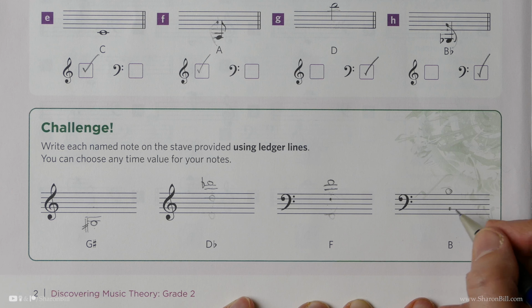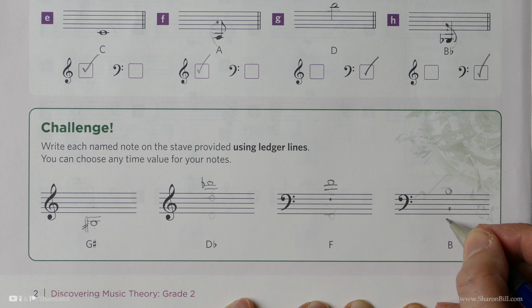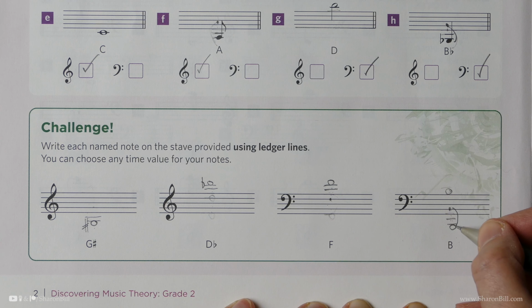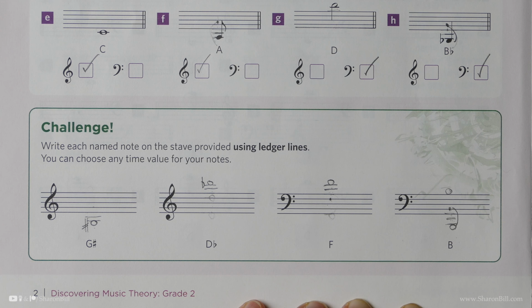There are different ways of approaching it. 1, 2, 3, 4, 5, counting line, space, line, space, line, always counting the given note as 1. So 1, 2, 3, 4, 5, 6, 7, 8 gives us B, an octave lower. That's G, F, E, D, C, B, just to be extra sure.